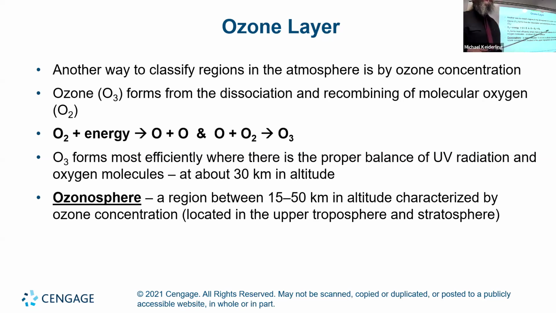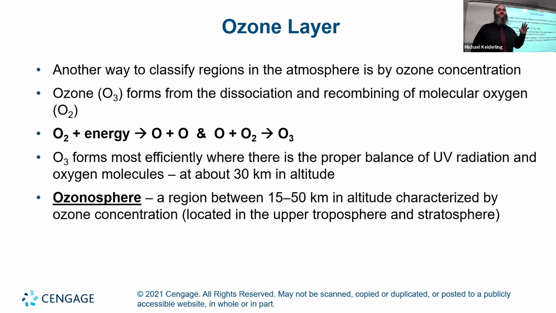And that O3 can also absorb UV, and when it recombines and bumps into something, it can emit energy. O3 forms most efficiently where there's the proper balance of UV radiation and oxygen molecules, which is at about 30 kilometers in altitude.